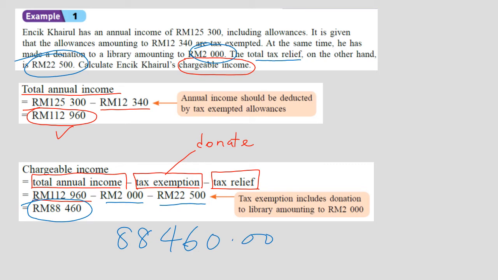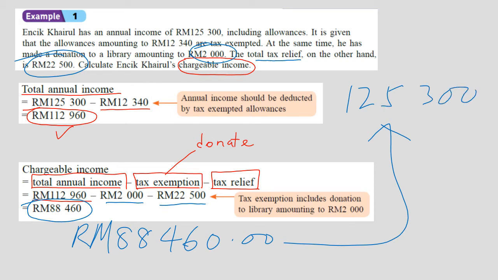88,460. You see, compared to your pay, your annual income is actually 125,300. But we have subtracted a few items.